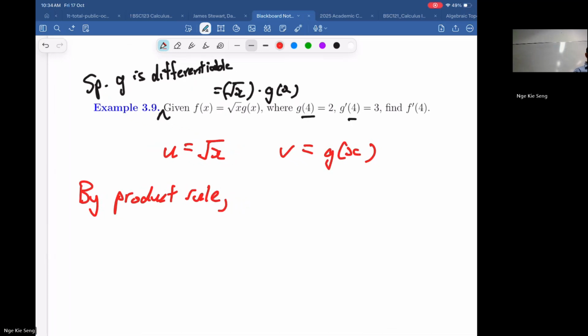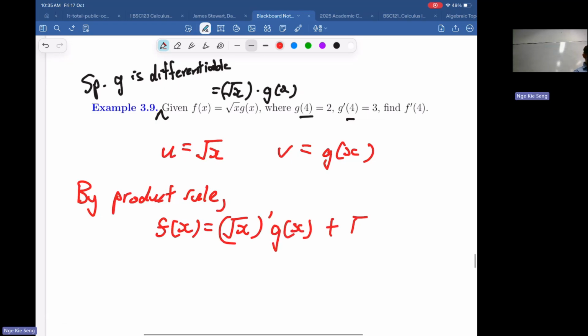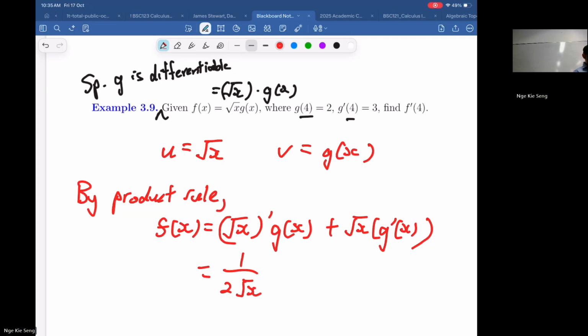So by the product rule, what do you get here? We get that f'(x) equals square root of x, prime, times g(x), plus square root of x times g'(x), which is 1 over 2 square root of x times g(x) plus square root of x times g'(x).